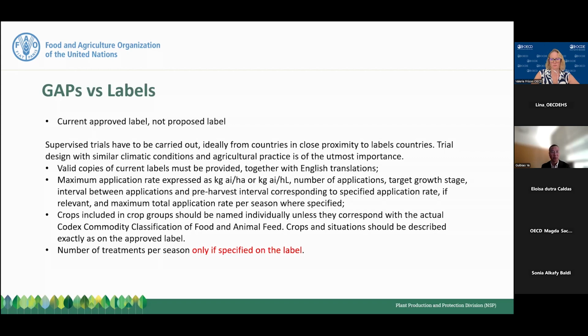The crop and the situation should be described exactly as on the approved label. Sometimes we also mention the number of treatments per season, but only if this information is on the label, so that can be included. Otherwise, we do not include it.